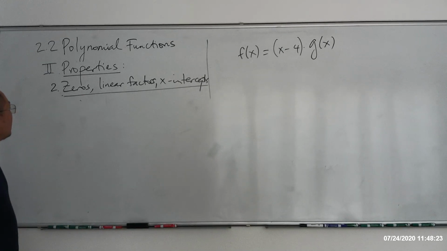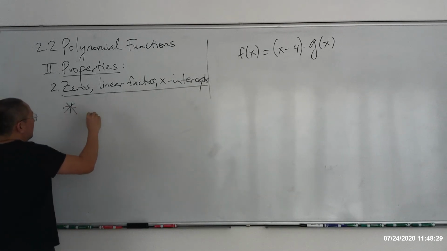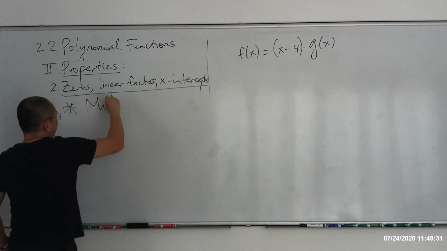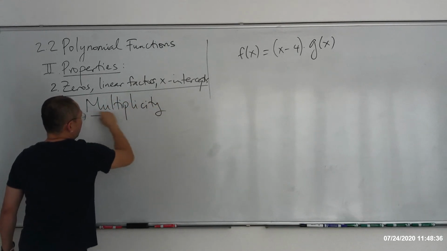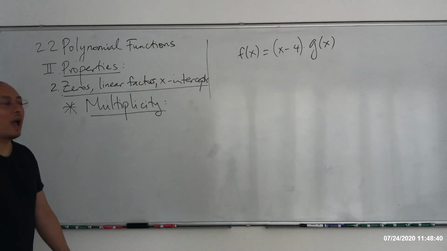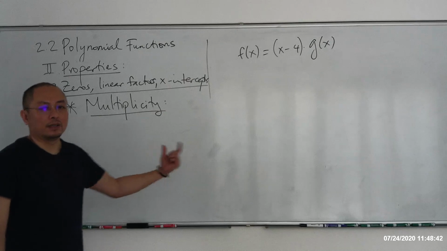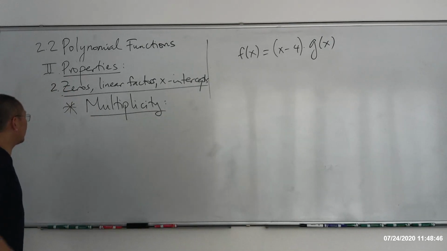Okay, there is one more thing, and still a distraction, in this topic right here. Let me make an asterisk. Let's talk about something called multiplicity. It tells you how many times a zero or a linear factor is repeated. Let me give you an example.